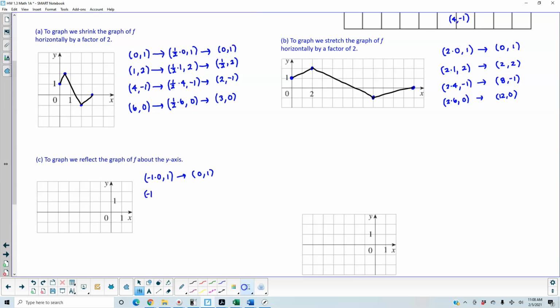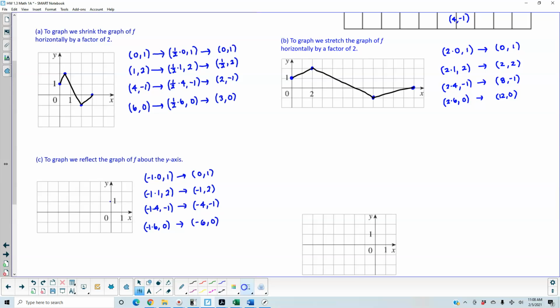We take -1, multiply it by 1, and that's going to give us (-1, 2). And then we're going to take -1, multiply it by 4 to get (-4, -1). And then we're going to take -1 times 6 to get (-6, 0).